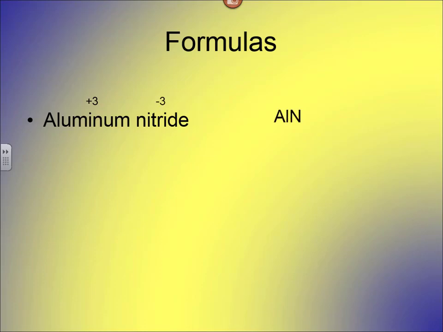Criss-cross, leave the signs behind. And what are these reduced to? 1 and 1. That's why you always have to check if you can reduce or not, because +3 and -3 balance with one of each. So the formula is not Al3N3, it's just AlN. It's the simplest whole number ratio, so you always got to check and see if you can reduce.